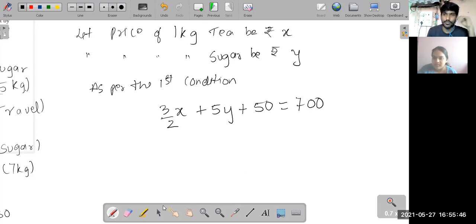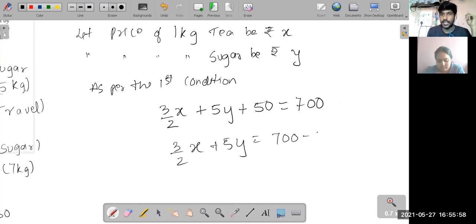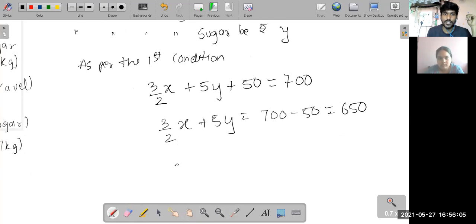Now just rearrange this. Take the plus 50 to the other side. So you will have 3 upon 2x plus 5y is equal to 700 minus 50, that is 650.